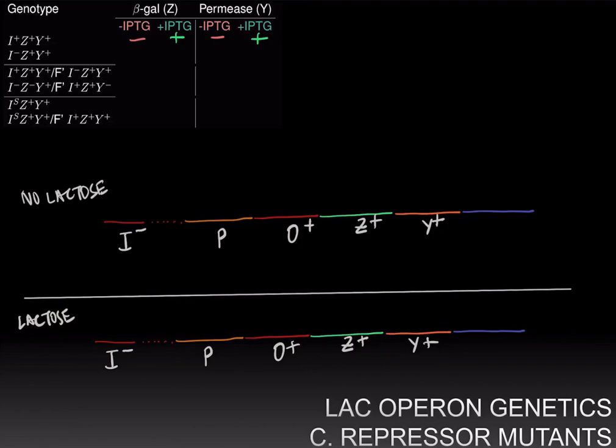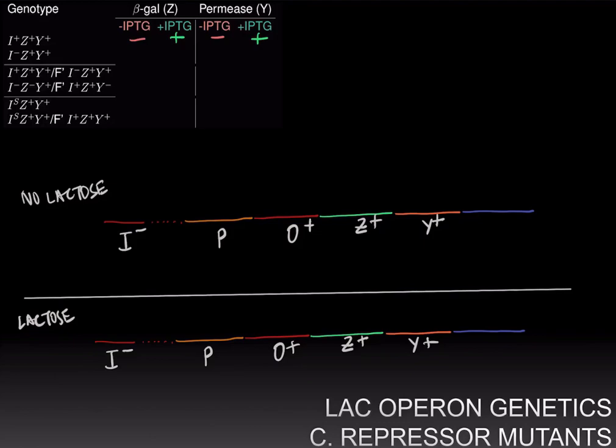When you have lactose, then both beta gal and permease are expressed, and that's referred to as being inducible, where the addition of IPTG or lactose can induce the expression of beta gal or permease.